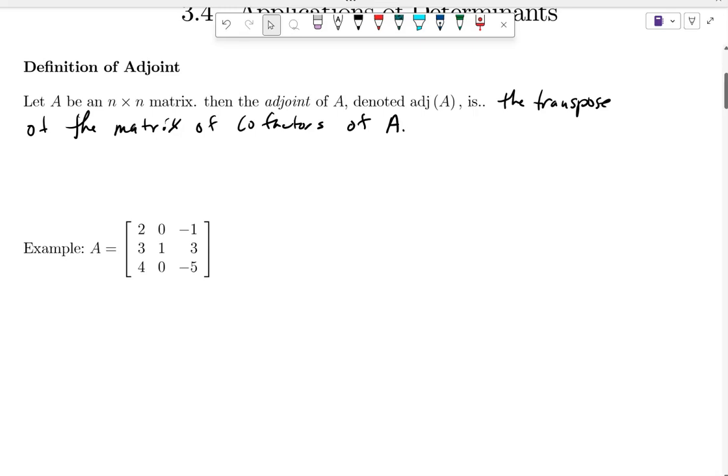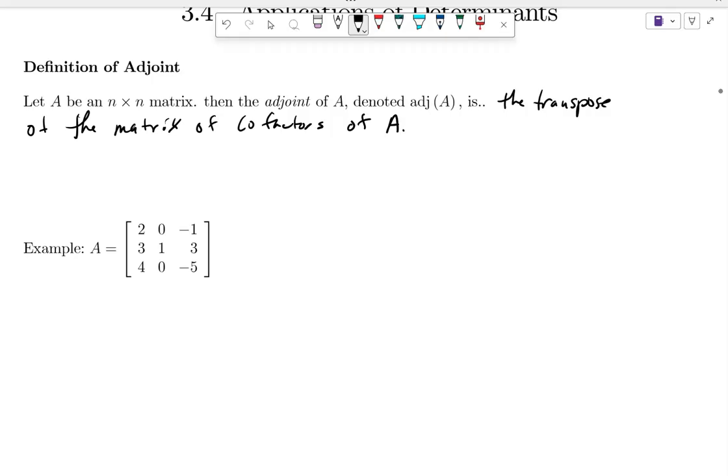Okay. So rather than writing out longhand what it has to look like, let's do this with an example. Here's my matrix A. Remember, it's a 3 by 3, so there's 9 cofactors here. There's a cofactor associated with every single entry in the matrix. When we form the adjoint, we're not worried about the entry that we're removing that row and that column to form the cofactor.